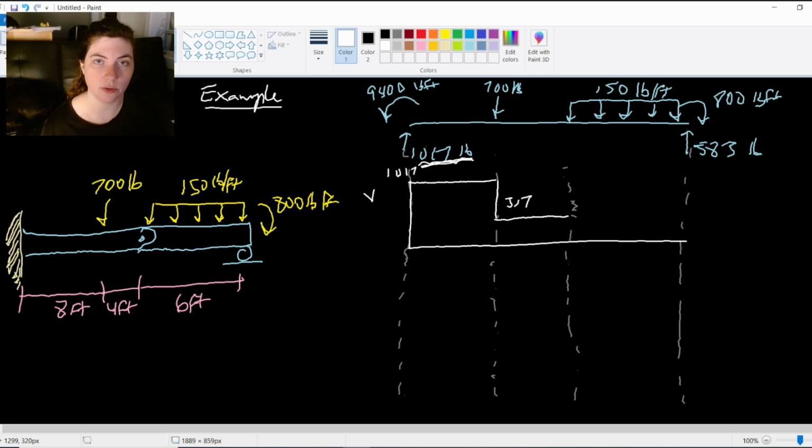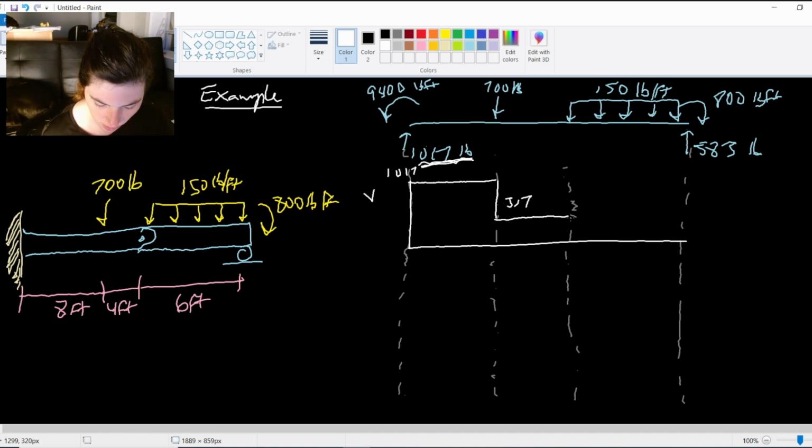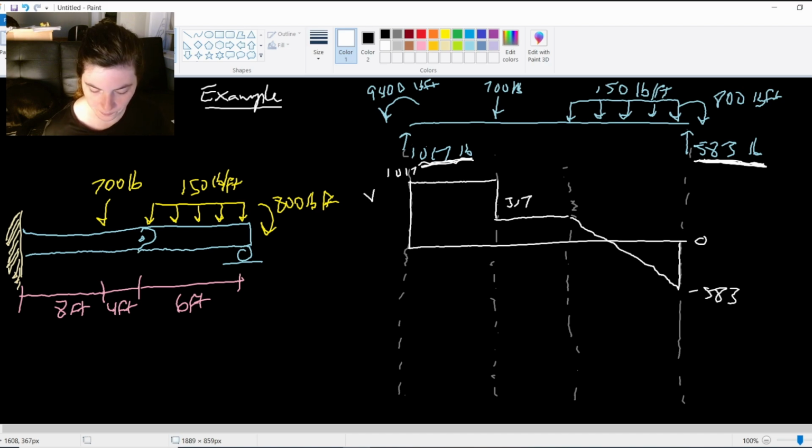We stay constant until we hit that 150. That 150 pound per foot gives us slope for our next segment, a slope of negative 150, going down. Again, I don't have to guess where I'm ending. I know that I'm ending at negative 583 because the reaction has to push it back up by 583 to get it to end at 0.